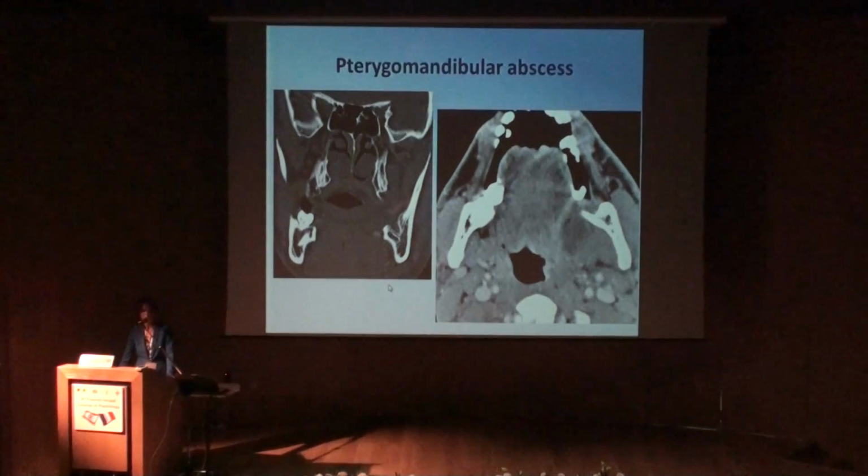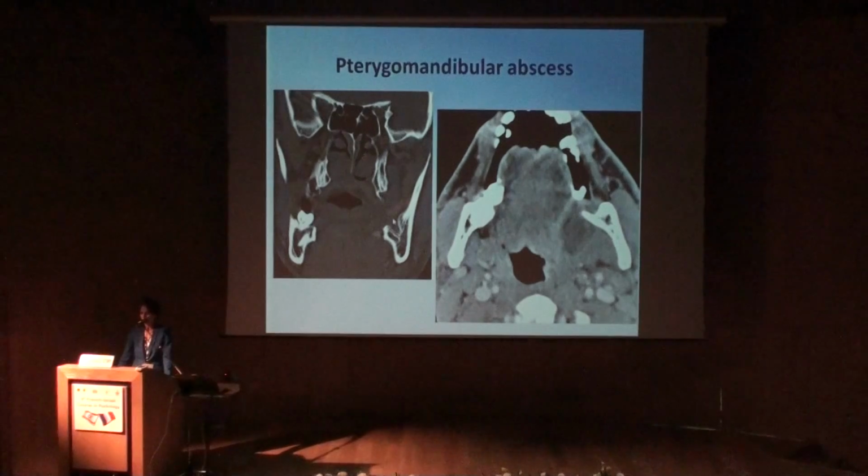The abscess, as I said, can go to the masticator space, and this is the case of pterygomandibular abscess, which is an abscess in the medial aspect of the masticator space, medial to the mandibula. Otherwise, it can also be lateral to the mandibula, but this is a medial pterygomandibular abscess.